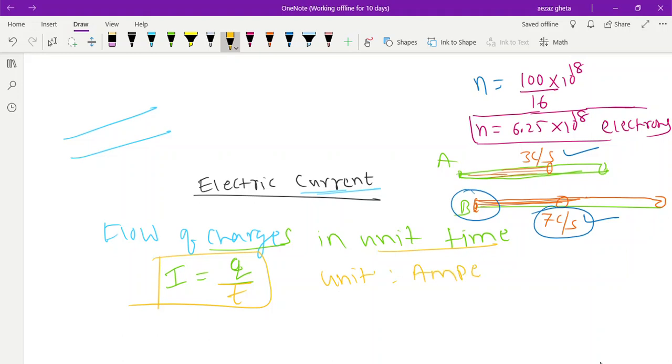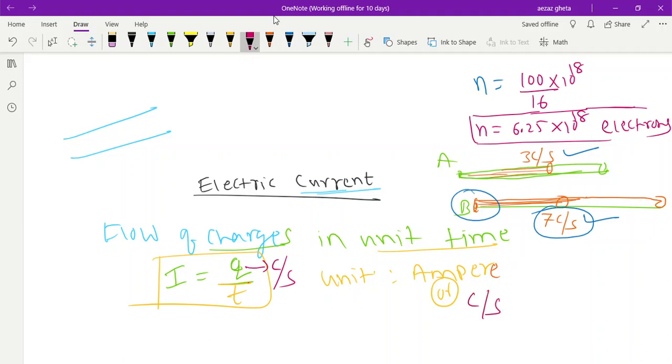The ampere is named after a scientist, to honor the scientist who explained electric current. Another unit, based on the formula: the unit of charge is coulomb, and the unit of time is second. So you can also say coulomb per second is the unit of electric current.